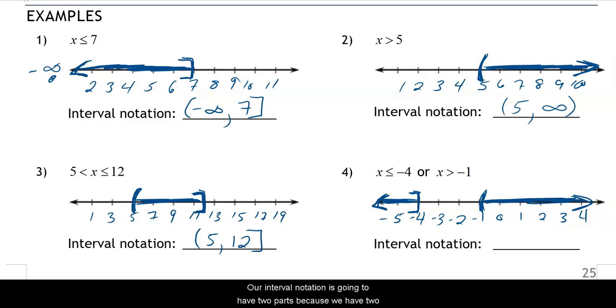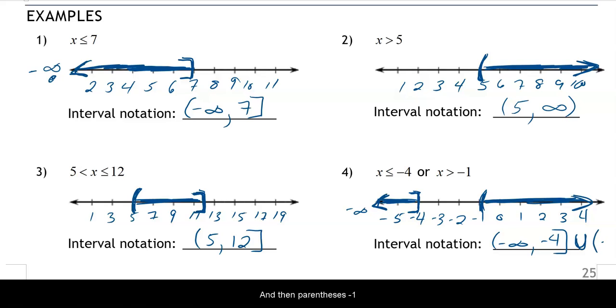Our interval notation is going to have two parts because we have two kind of lines here on our number line. So we'll start with our first one over here. That's at negative infinity. So parenthesis negative infinity to negative 4. It has a bracket. And then we use our union symbol.